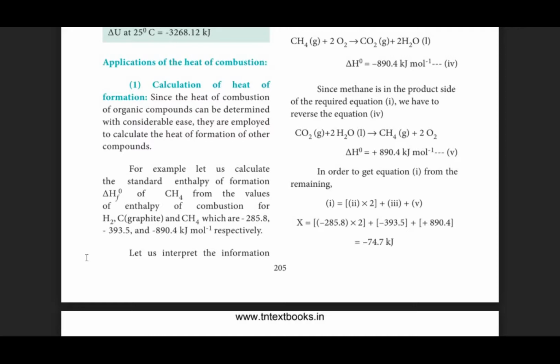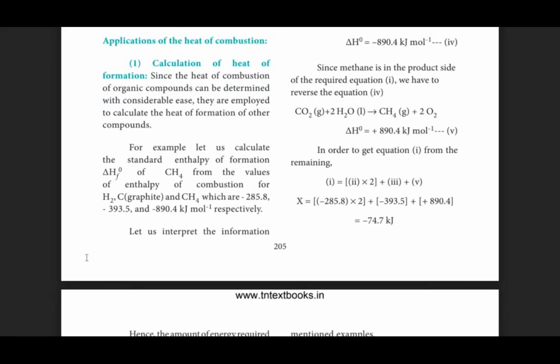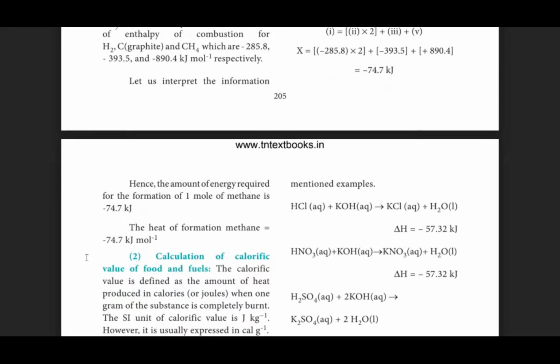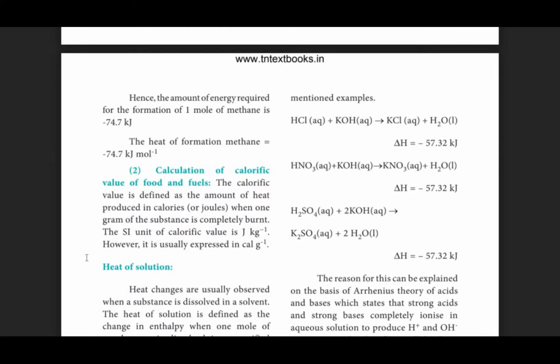If you substitute and calculate those values, you will get minus 74.7 kilojoules. Hence, the energy change for the formation of 1 mole of methane is minus 74.7 kilojoules. The heat of formation of methane gas is minus 74.7 kilojoules per mole.